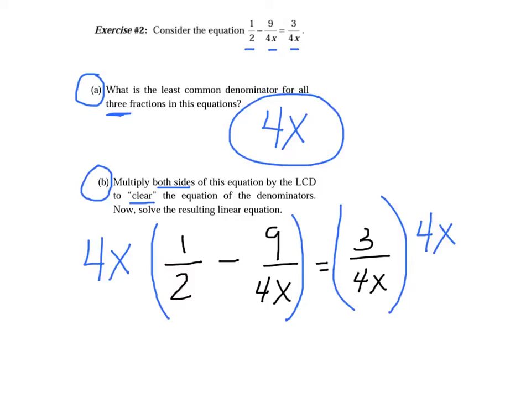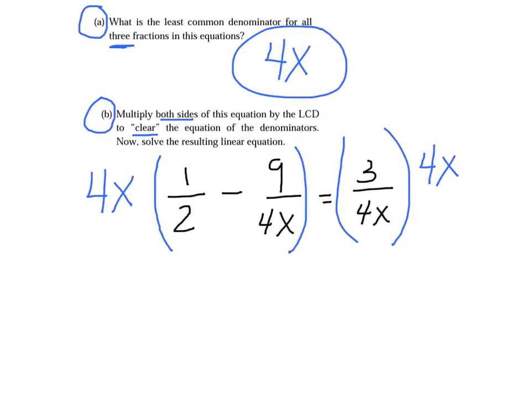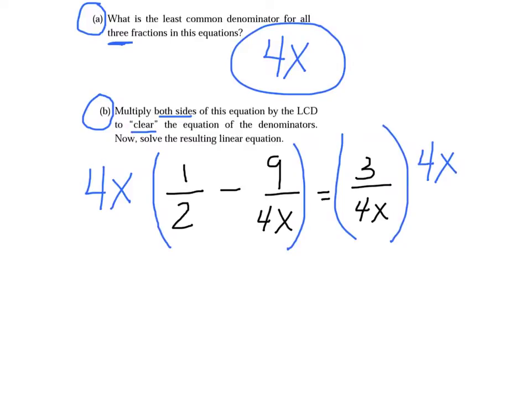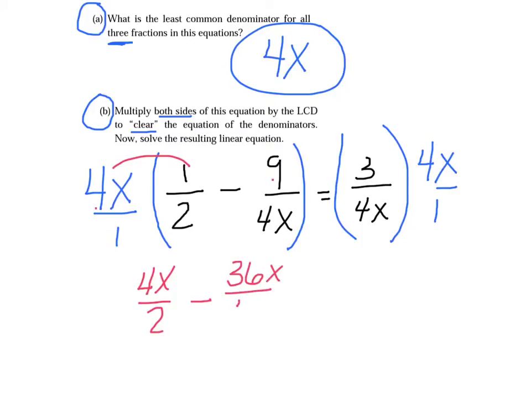Now, when I do that, something nice should happen. Remember, this is really 4x over 1. So when I multiply, I'm just multiplying the tops together. Okay, so that's 4x over 2 minus sign 4 times 9 is 36x over 4x equals, on my top, I get 12x over 4x.